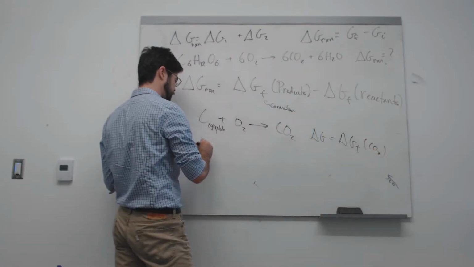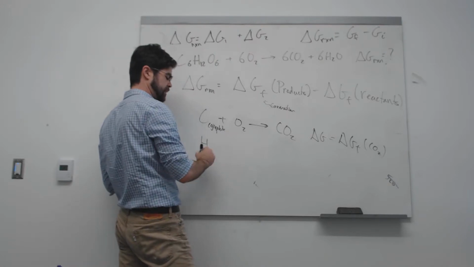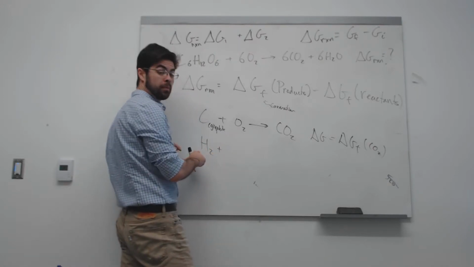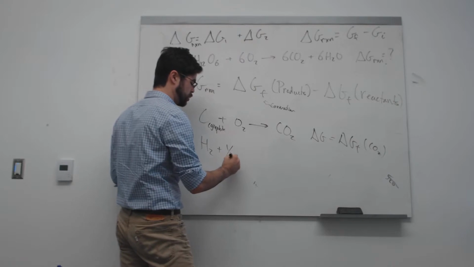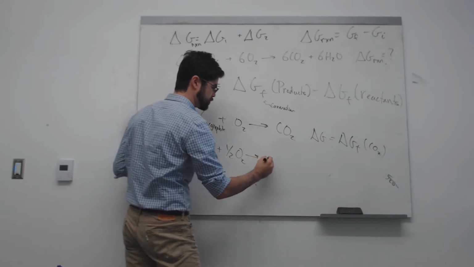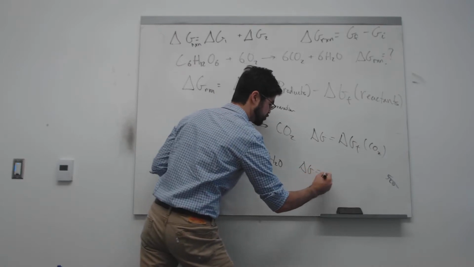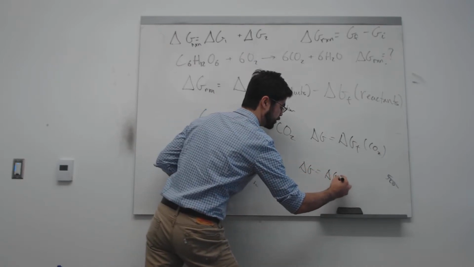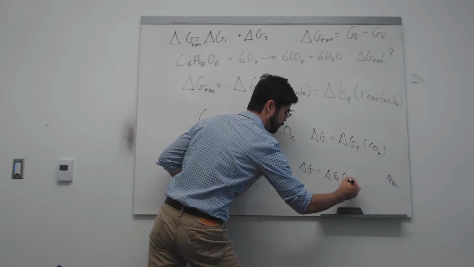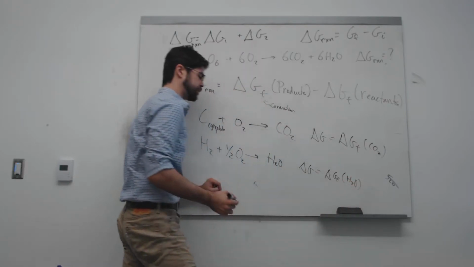For water, water can be created by reacting a hydrogen molecule, or 1 mole of hydrogen molecules, with half a mole of oxygen molecules. That will get me H2O, and then the free energy change for this reaction we will call the free energy of formation of water.